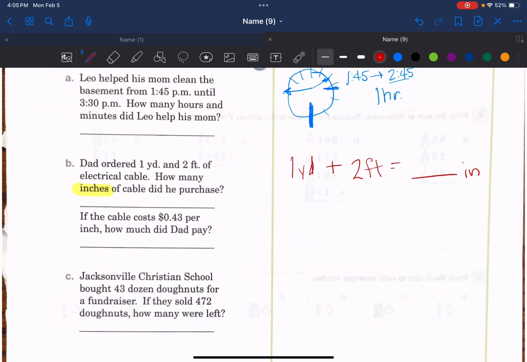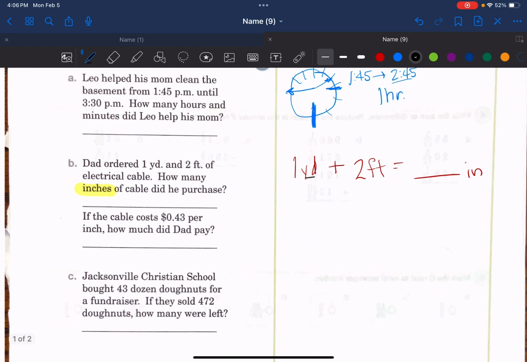We don't know that. But now this is set up perfectly for a conversion equation. So if I'm converting it, does this one match inches? Nope. So I need to make it say inches. So I'm going to draw my line that says inches plus, does this one say inches? Nope.